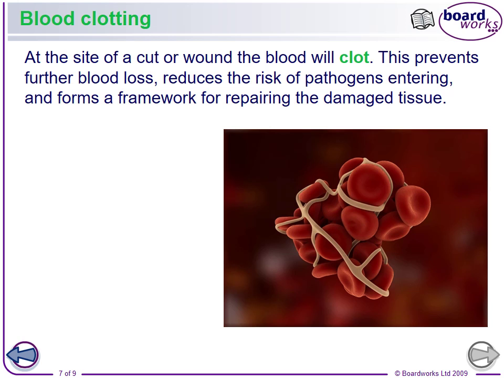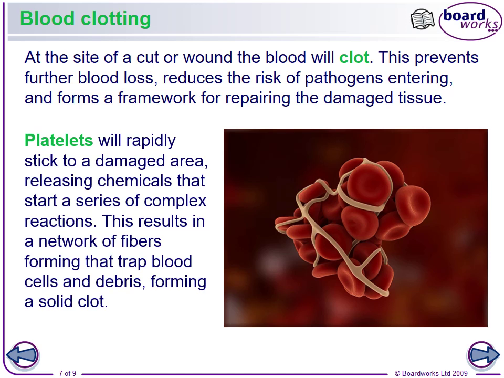All right, so blood clotting. So you've got a wound, cut, whatever. The blood's going to want to clot. This is to help reduce blood loss. The idea also is to keep pathogens from entering, and then it also helps form the framework for repairing the damaged tissue.